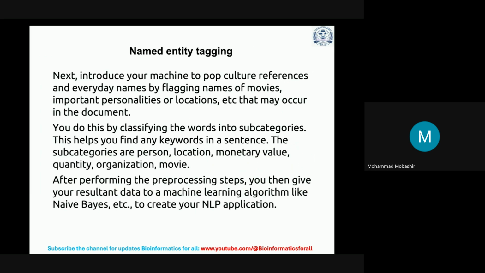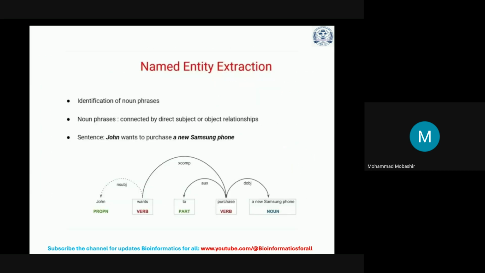The subcategories are person, location, monetary value, quality, quantity, organization, movies. After performing the pre-processing steps, you then give your resultant data to a machine learning algorithm like naive Bayes, etc., to create your NLP application.